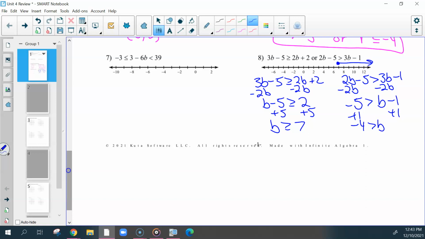Whatever direction this is pointing to or away from the variable, it's going to be the same way when you flip it. So b is less than negative 4. Those are the same things. So that would be an open circle at negative 4, pointing to the left. And then this would need to say 4.